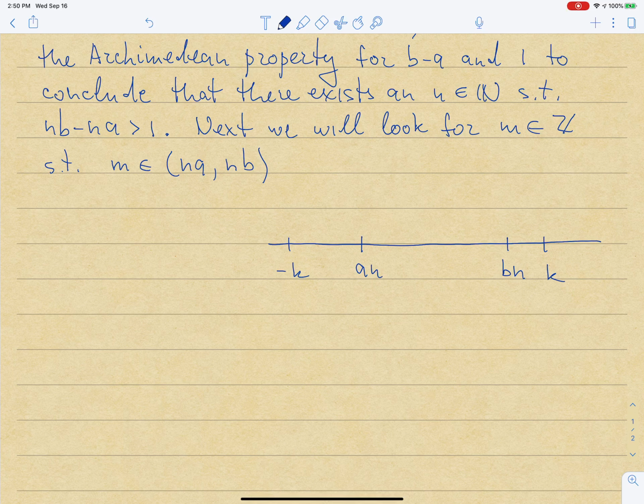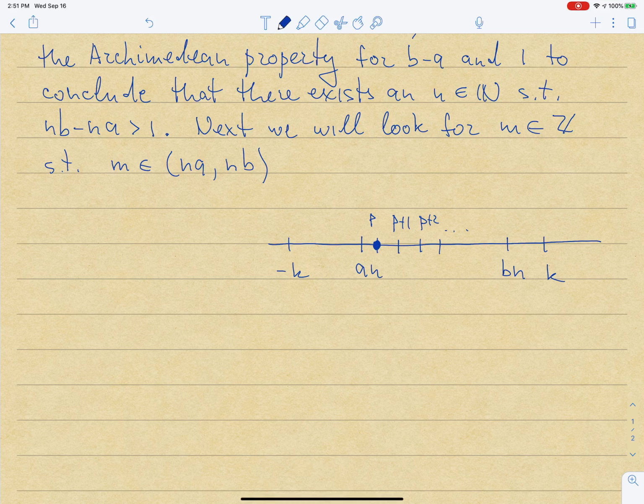All right, so that is going to give me some integer here, maybe here, here, here, etc. So maybe this is some integer p plus 1, p plus 2, etc. But they're going to be finitely many integers like that. And then among these integers, I should be able to find the smallest one, which is this p.